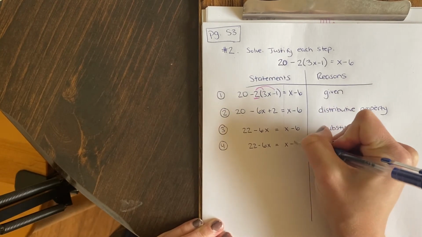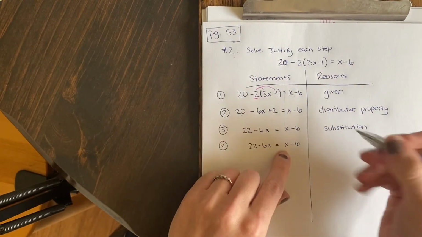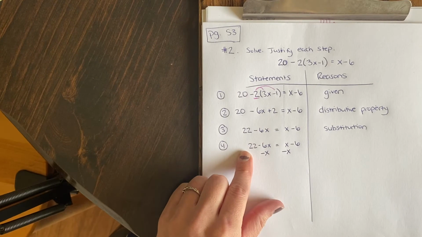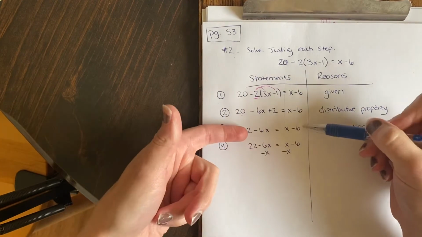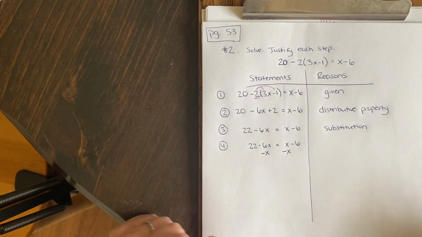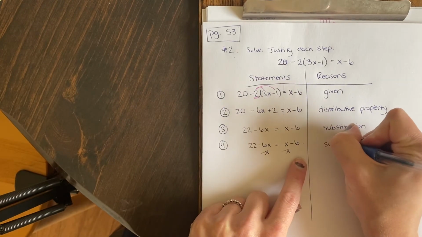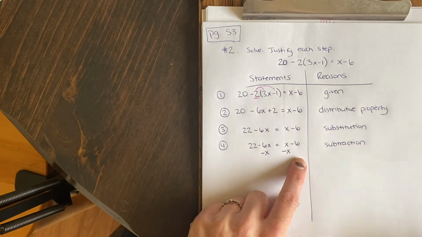So I'm going to rewrite it first in my formal proof. Now I'm ready to show that I'm going to subtract x on both sides. So make sure when you're ready to subtract that you rewrite the equation first and then show the subtraction on both sides. And when we subtract something from both sides of the equation, that's called the subtraction property of equality.